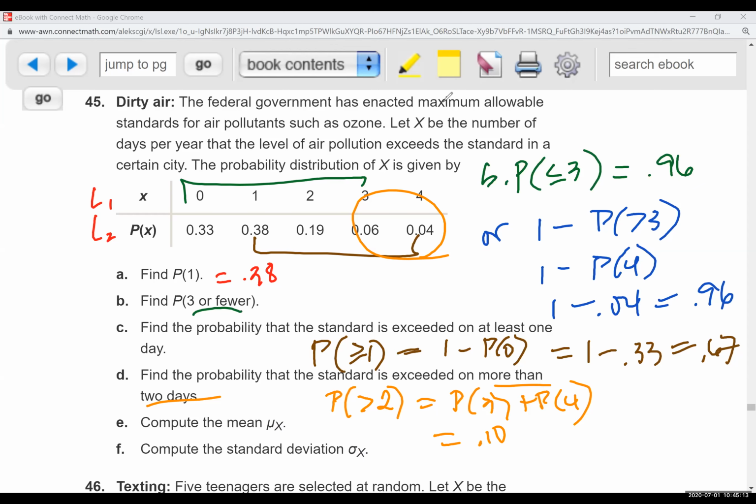Then next, compute the mean and the standard deviation of this distribution, probability x. So you enter into L1 and L2, stat calc 1. So make sure that you have list L1 and frequency list L2. What is the mean and what is the standard deviation?